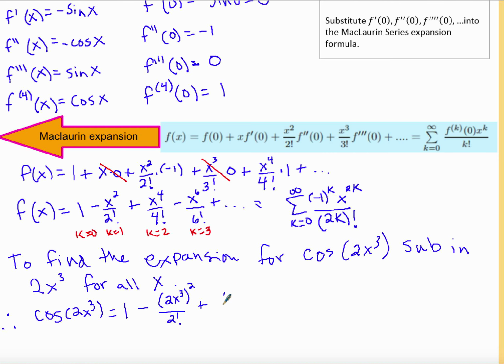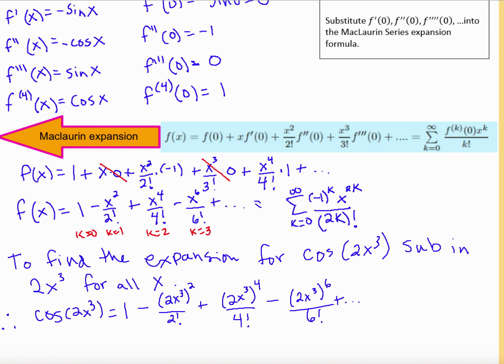No, I've got 2x cubed to the 4th, divided by 4 factorial. Then we are going to subtract, and we've got x to the 6th. Nope, we've got 2x cubed to the 6th divided by 6 factorial. And on it shall go.